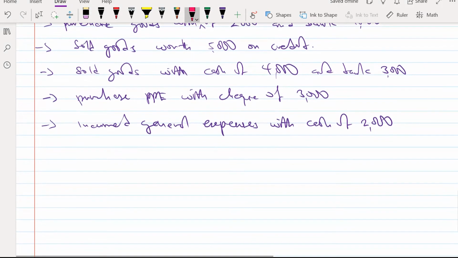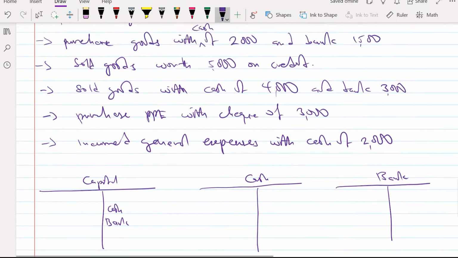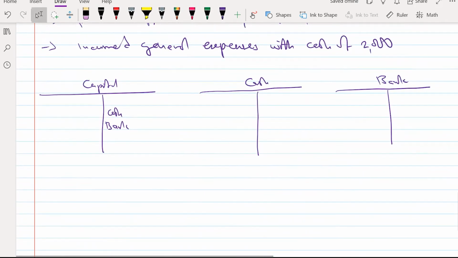Therefore, if we open the necessary ledger accounts here, we have the capital account, the cash account, and the bank account. For capital, we are crediting, so we have cash and bank, and the figures there are 2,000 and 4,000 respectively.